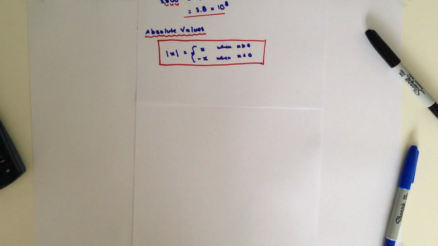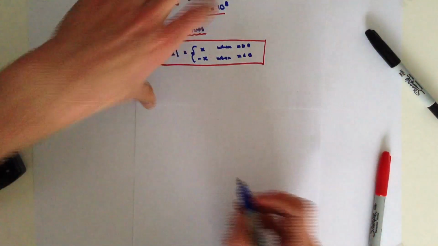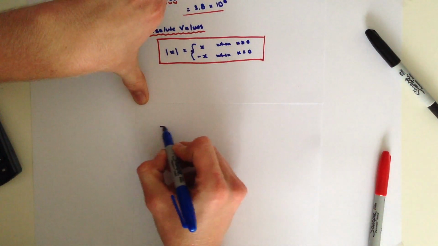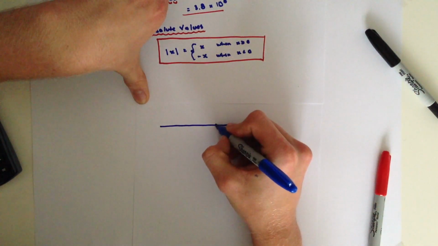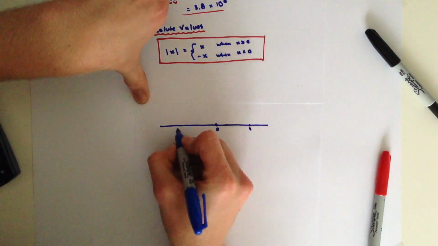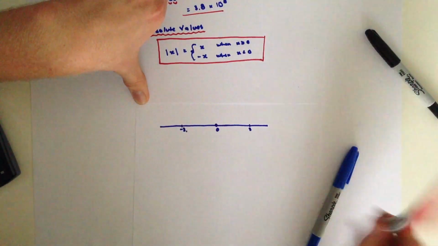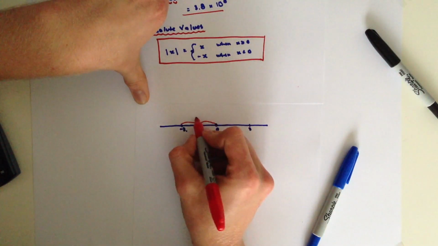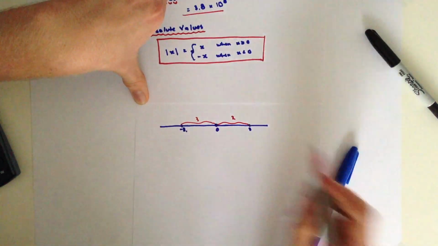I'm going to write this out here. So if we have a number line, and this is 0, and if we have 3 and negative 3, the distance to both is 3.